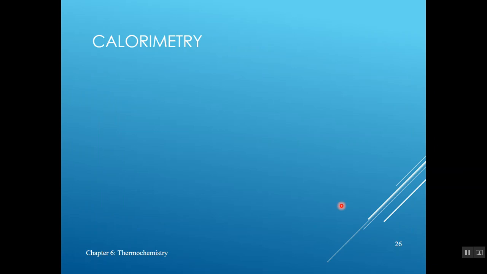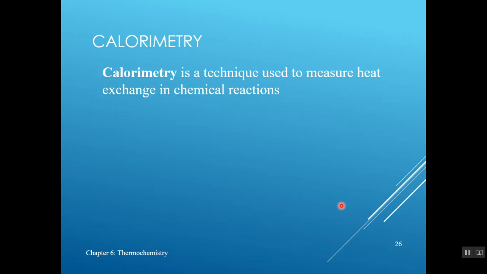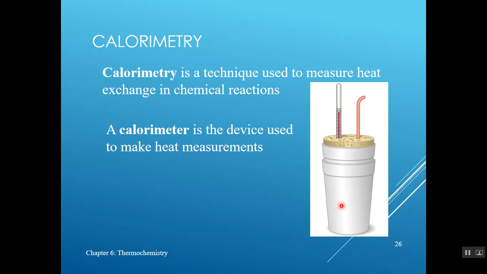Okay, let's talk about calorimetry. This is basically an experimental technique that is used to measure heat flow in chemical reactions. And you have different types of calorimeters. The one that you see here on the screen is the very low-tech version, consisting of 2 styrofoam cups.